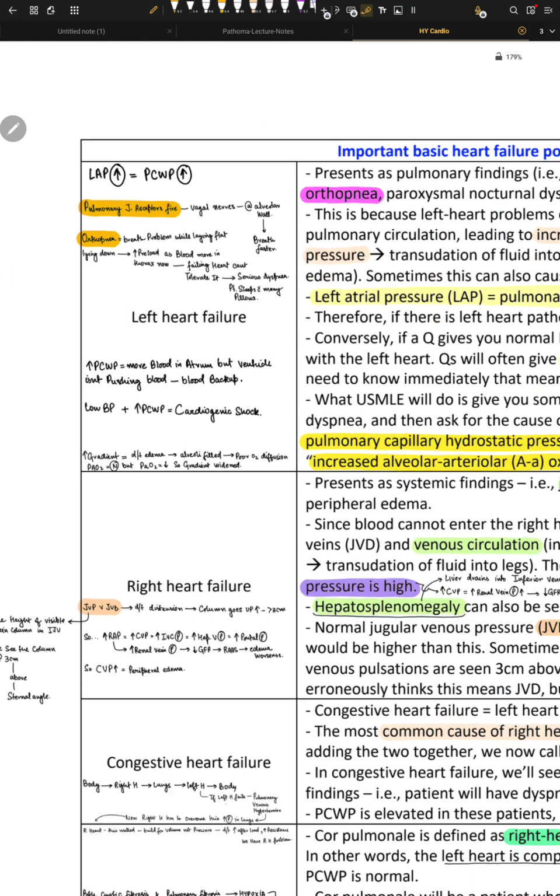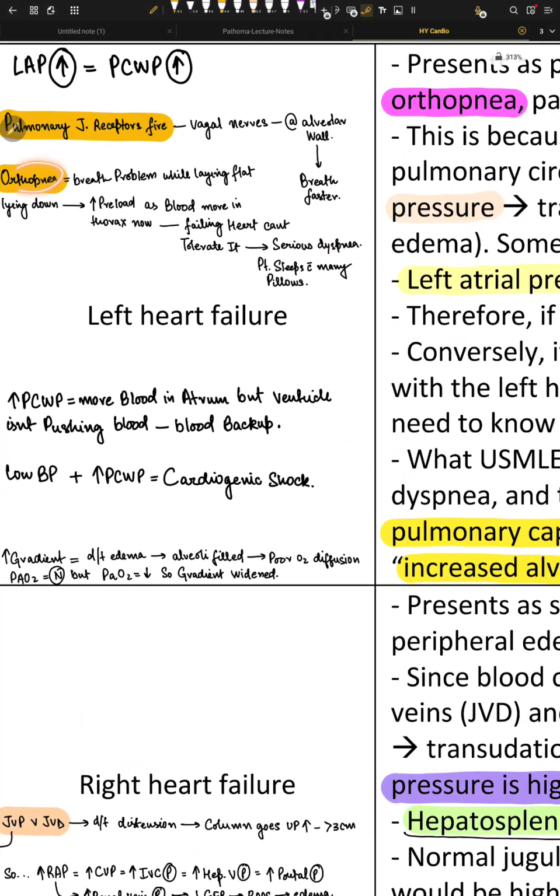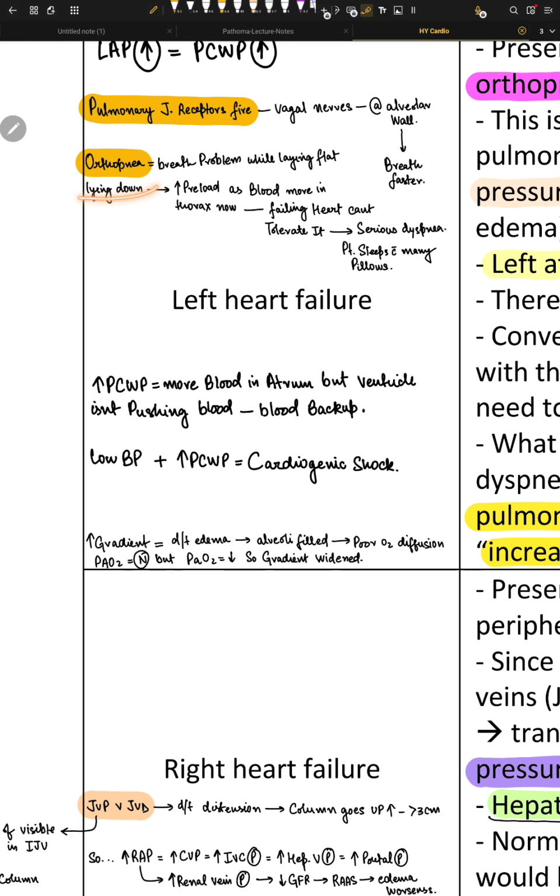What about orthopnea? Well, I've written here, orthopnea means breathing problems while lying flat. Now why? Because when we lie down, the blood moves more into the thorax and preload increases. Preload is the amount of blood that the heart has to push. It's the pre-existing load that the ventricles have to push.